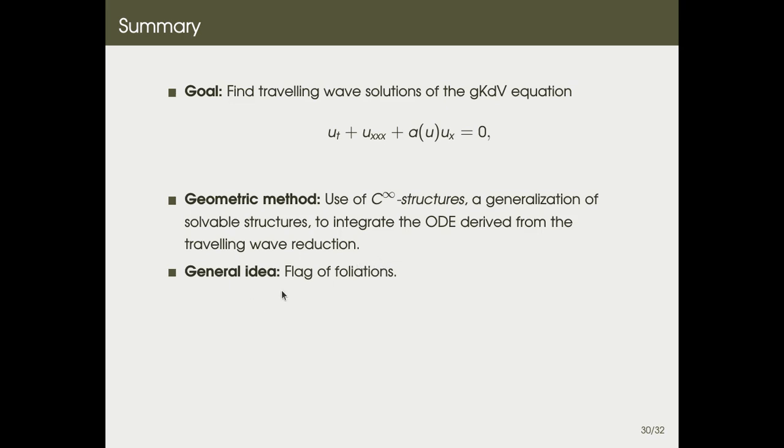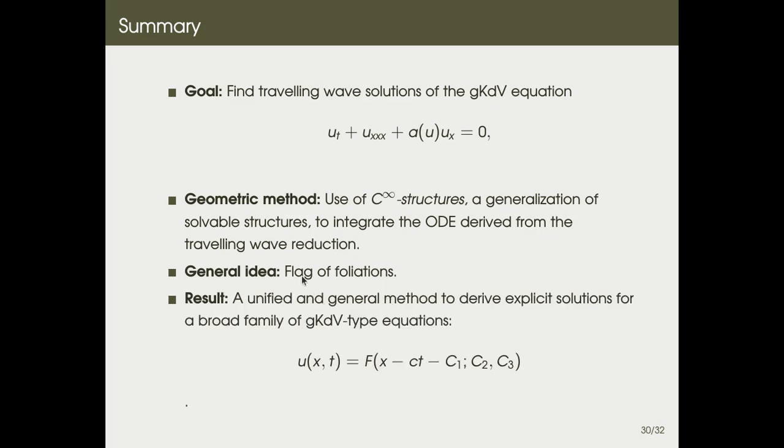Recall that the general idea is that we have a kind of flag of foliations that lets us restrict one dimension less and one dimension less till the end, and as a result we have a unified and general method to derive explicit solutions for a broad family of KdV type equations, of this general form here.